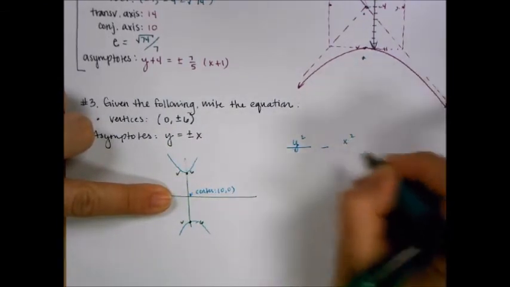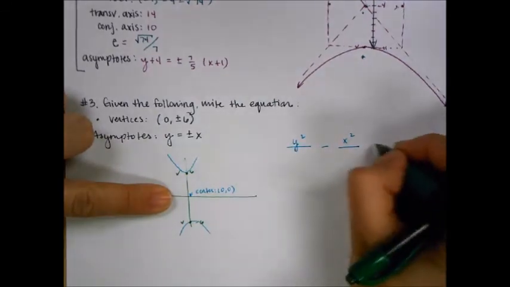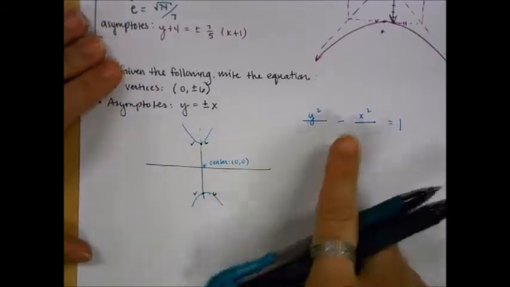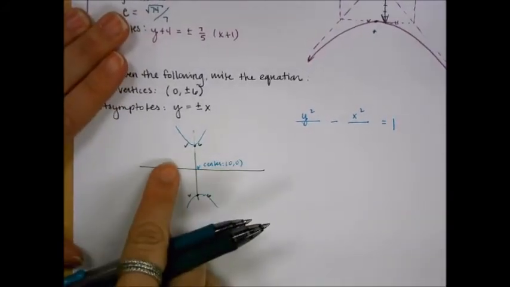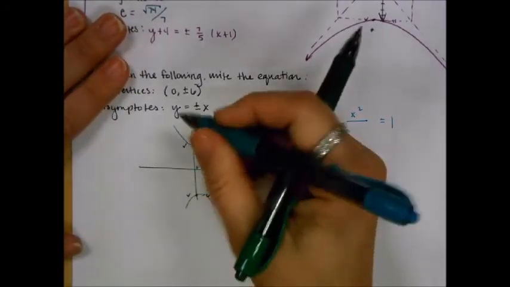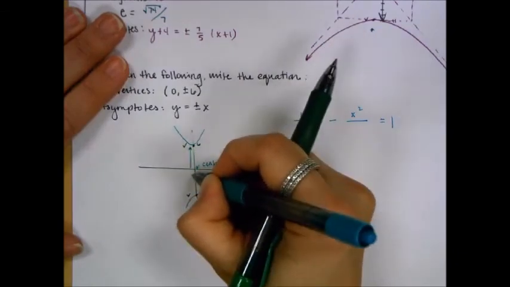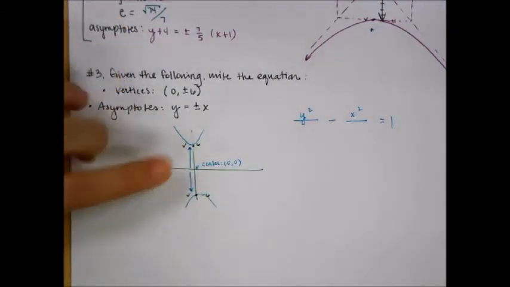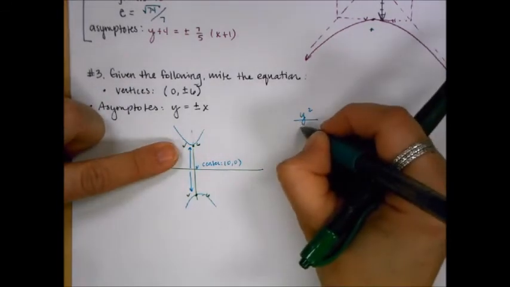So the value that goes under y would just be the square of how far we went up and down. So up or down, that's your a value, 6, right? So 6 squared is 36. And now we're just left with finding this value over here.